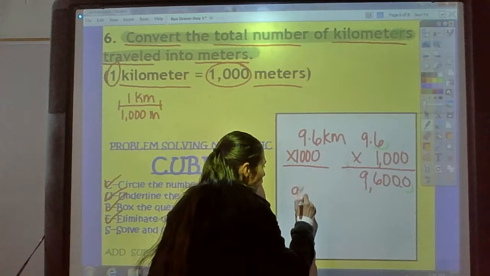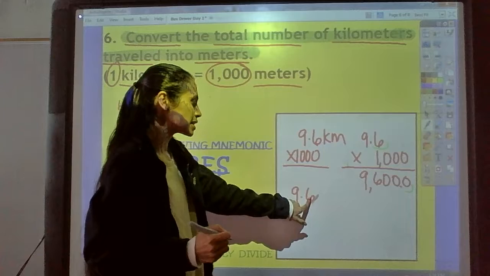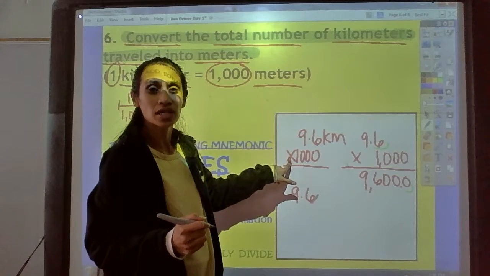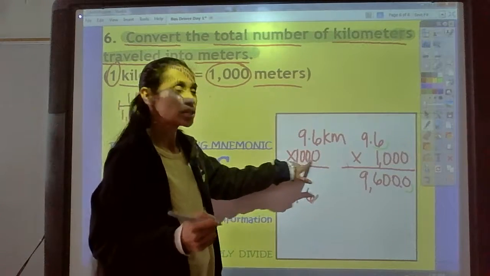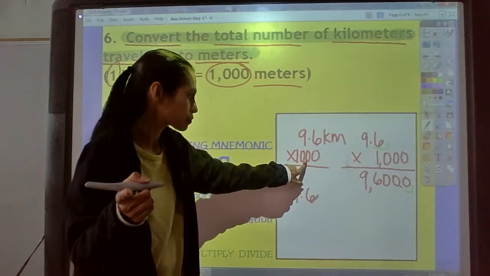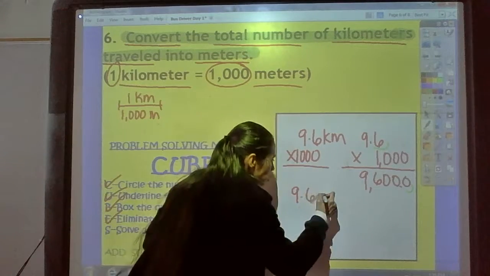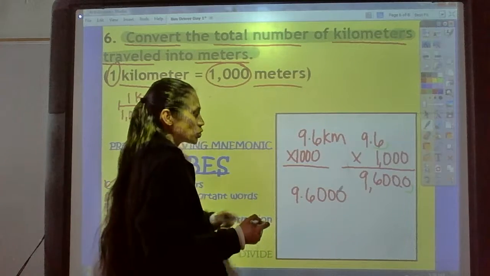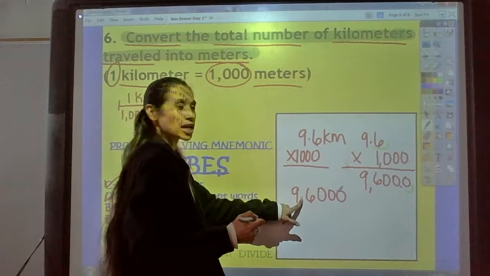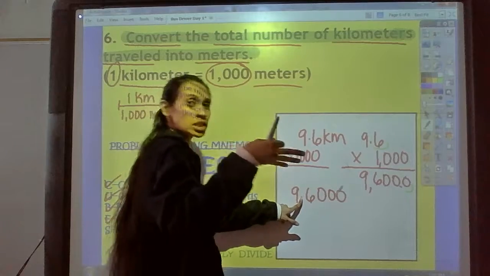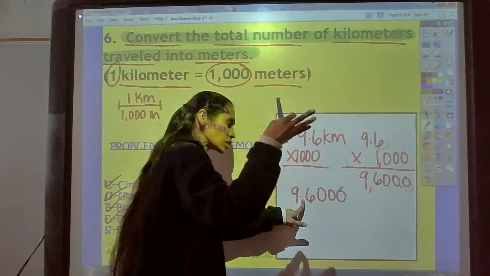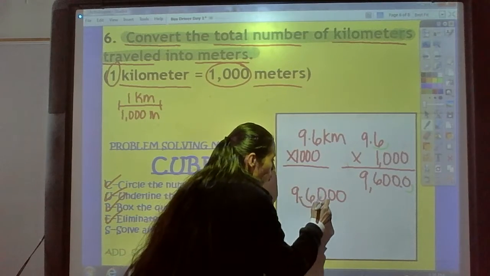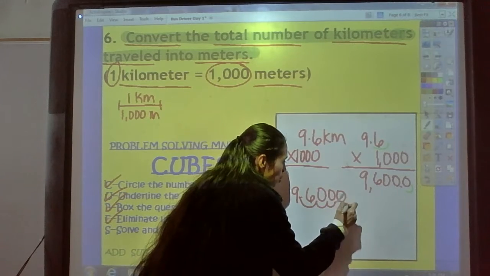Now remember, there was another way. When we have the 9 and 6/10 like this, and we multiply it by 1,000, we add these zeros. How many zeros do you see? 3 zeros. So I'm going to add 1, 2, 3 zeros, and then I need to move the decimal 3 times. 3 zeros, 3 times: 1, 2, 3, and it goes right there.